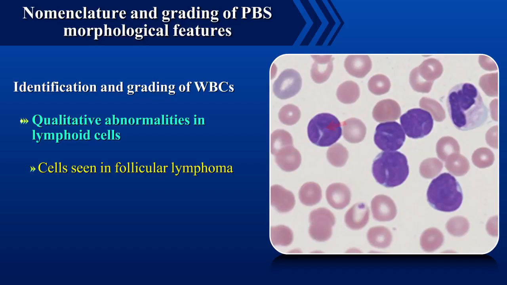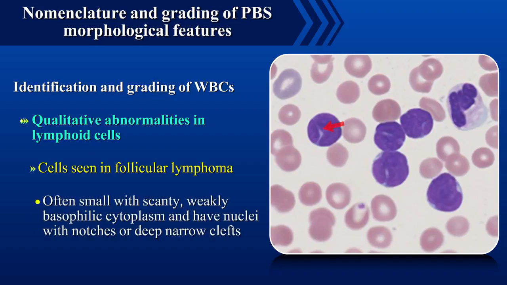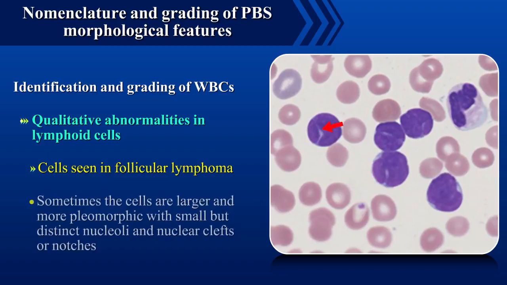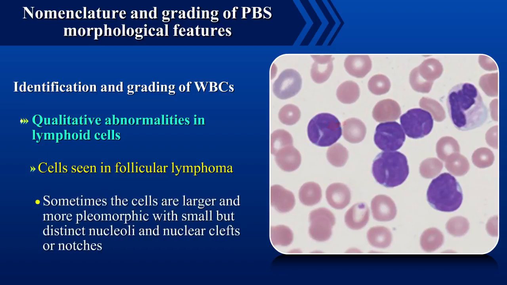Cells seen in follicular lymphoma are often small with scanty, weakly basophilic cytoplasm and have nuclei with notches or deep, narrow clefts. Sometimes the cells are larger and more pleomorphic with small but distinct nucleoli and nuclear clefts or notches.